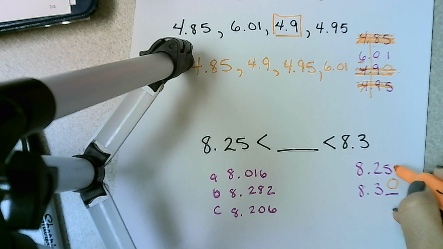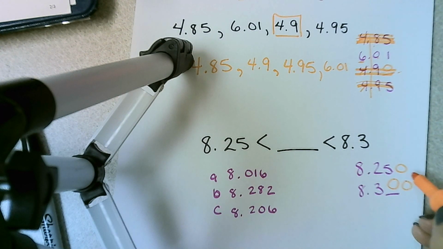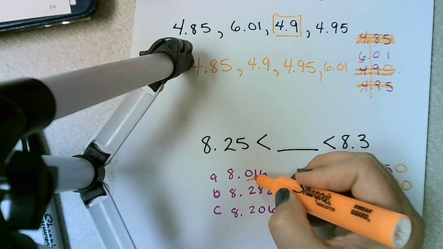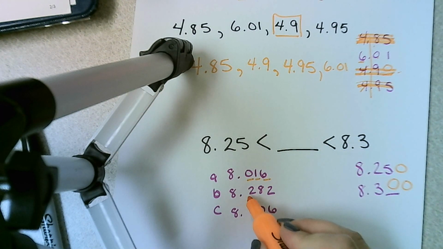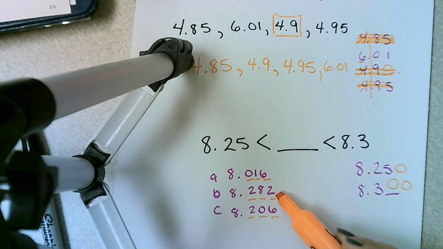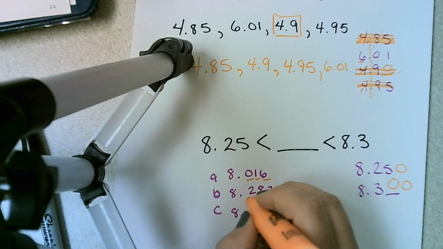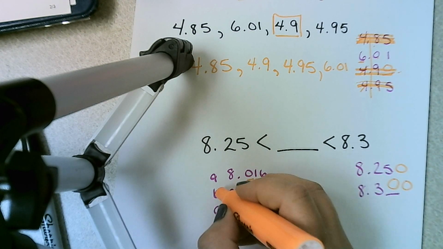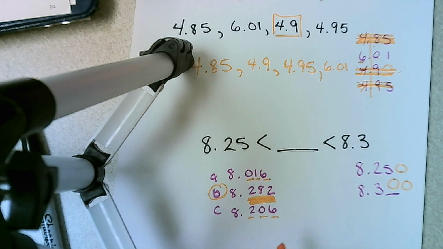So what I'm going to do is put one more 0 on these because all of these have 1, 2, 3 place values after the decimal. So now I'm going to look for a number between 250 and 300. Well, 16 is under 250. 228 is between 250 and 300, so my answer is B. So when given a scenario like this, line them up and make all of them have the same place values. It's going to be the easiest way to get those answers.